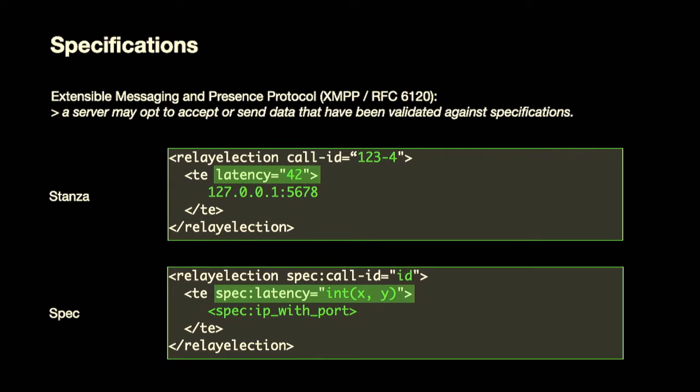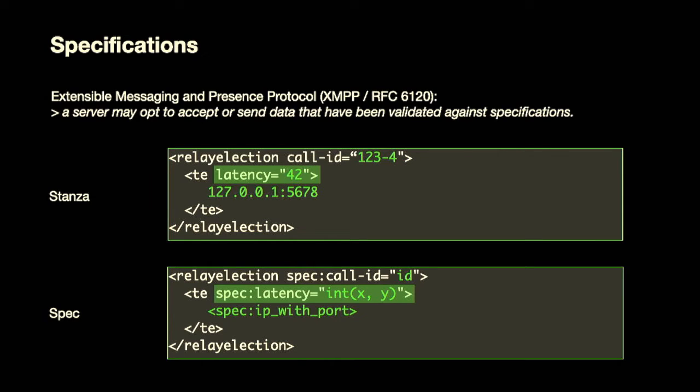The traffic between client and WhatsApp server follows the XMPP protocol, which is short for Extensible Messaging and Presence Protocol. The messages between client and server can be described in an XML-like format. Here is an example showing such traffic data carrying the latency info of IP addresses. XMPP calls such data message stanzas. The spec has basically the same structure as the stanza.